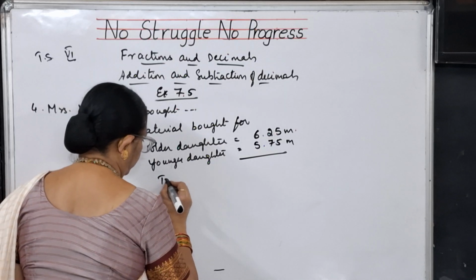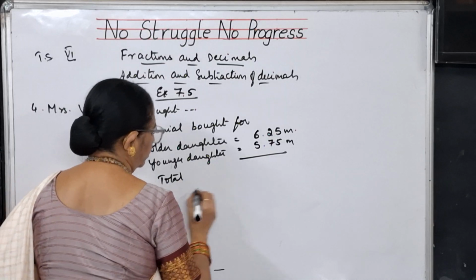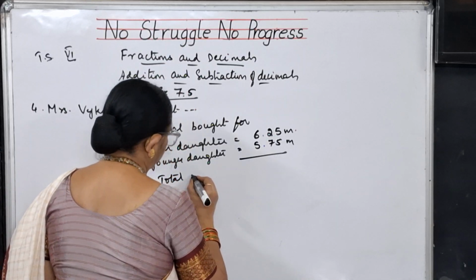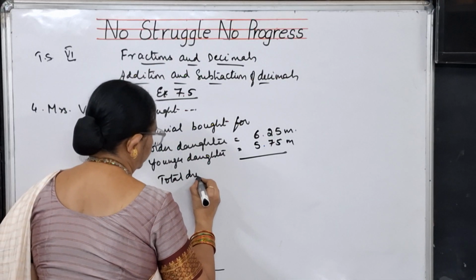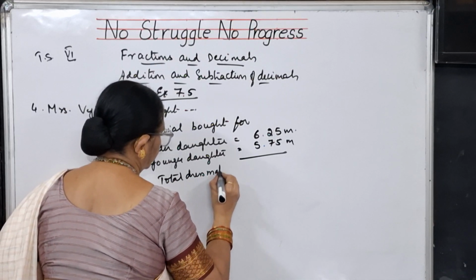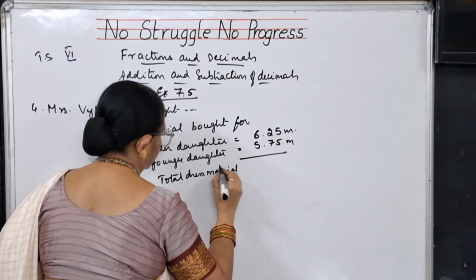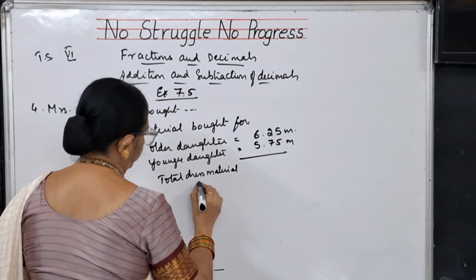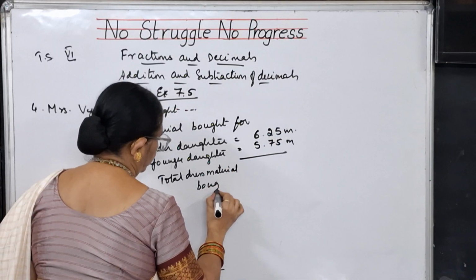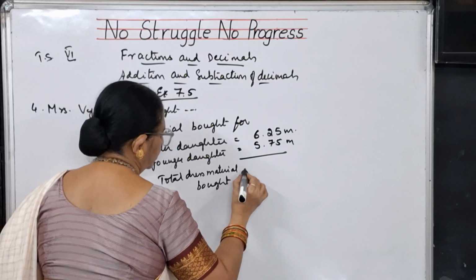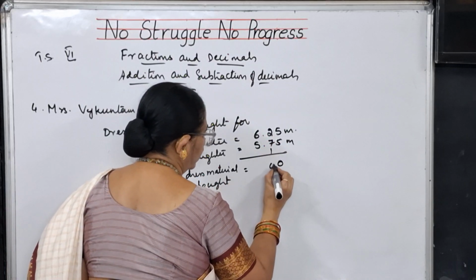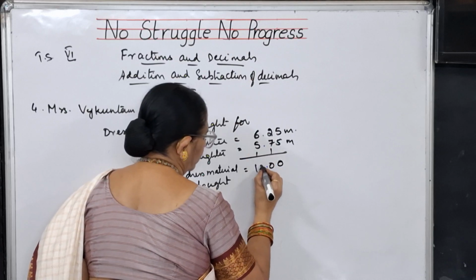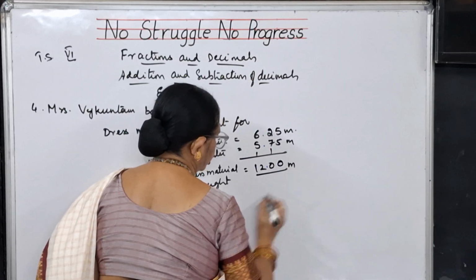So total dress material bought is equal to 5 plus 5, 10, 7 plus 3, 10, 11, 12, 12 meters.